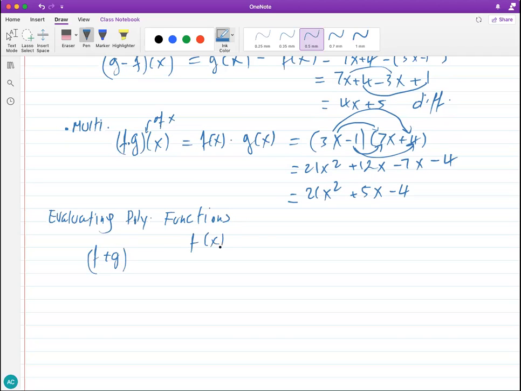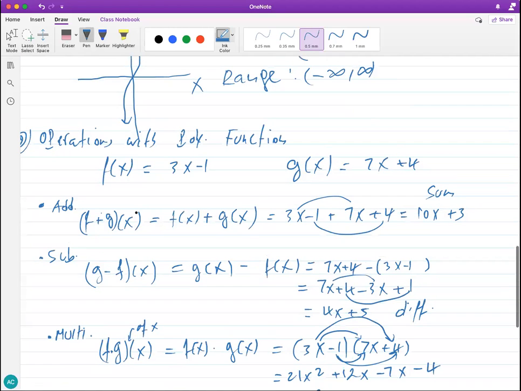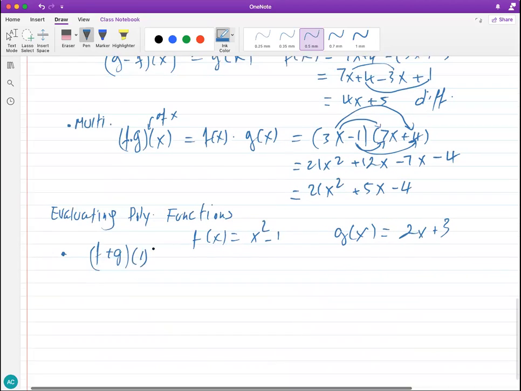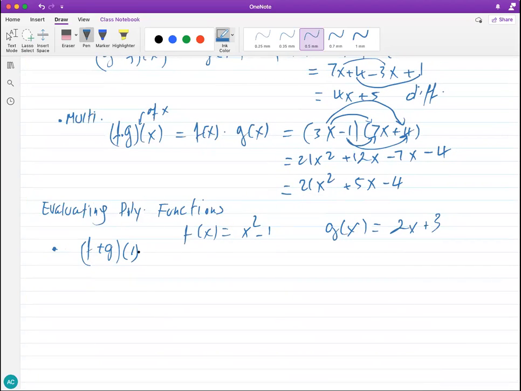F of x equals x squared minus 1, and g of x maybe 2x plus 3. Sometimes you may see something like this, f plus g, but not x here, as we saw before, but a specific number, for example, 1. Unlike here, you see you have x, you have x, you have x. You may have a specific number here, f plus g of 1.